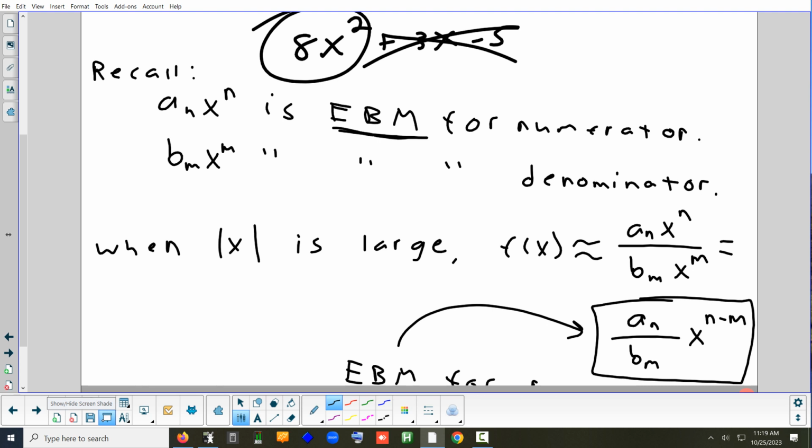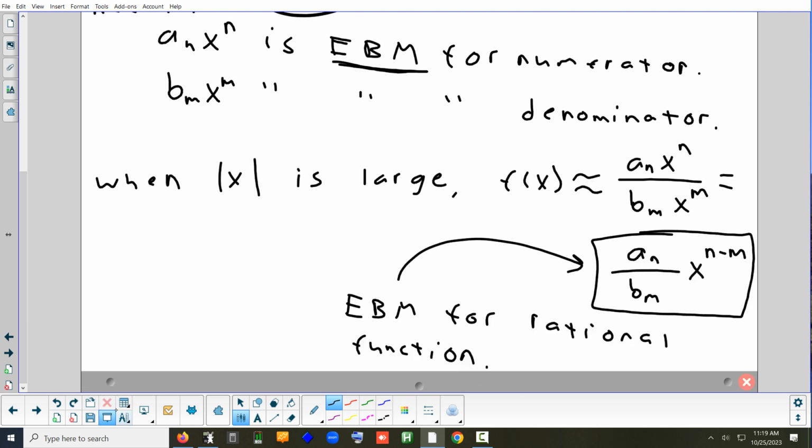Now, when you subtract, that could lead to negative numbers. We generally don't like to write an end behavior model with a negative number. So if you had something like 4x to the 4th over 2x to the 3rd, that won't give you a negative number.